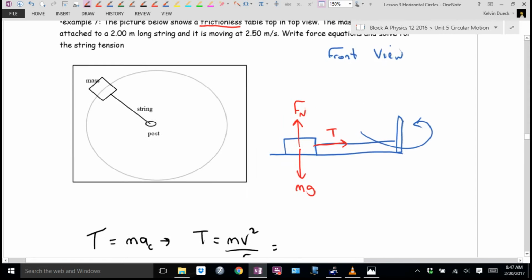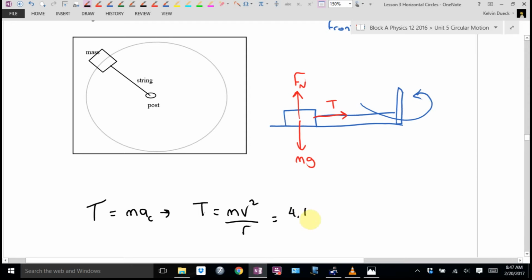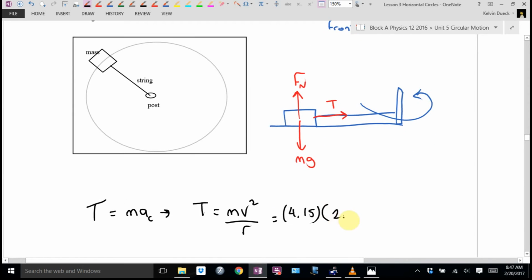So what was the mass? 4.15. And the speed is 2.5 squared. And the radius was 2.